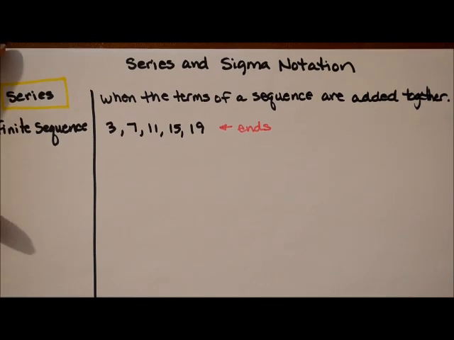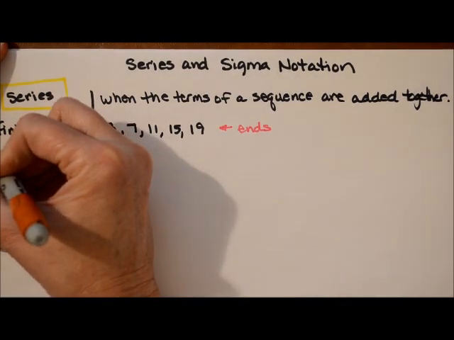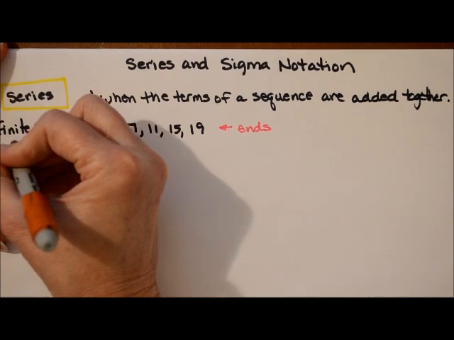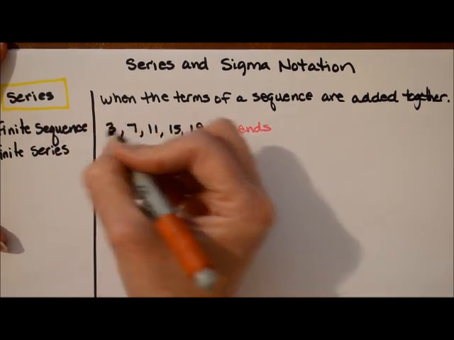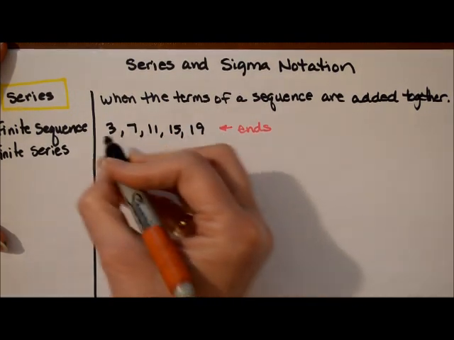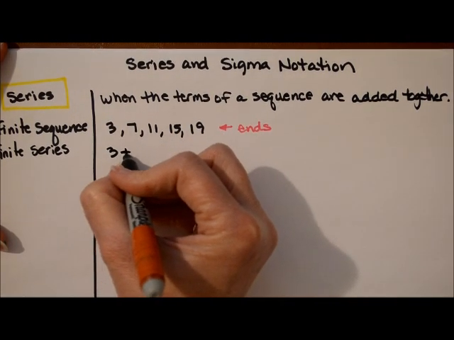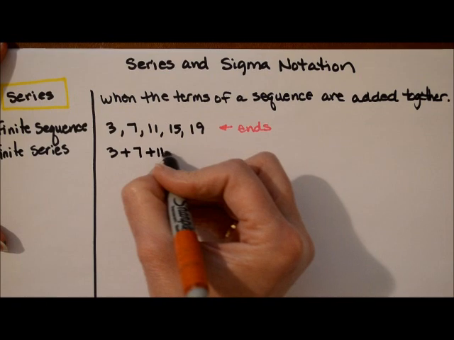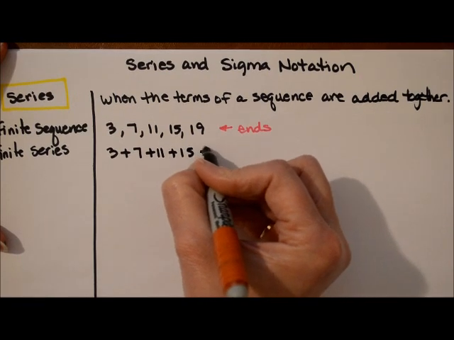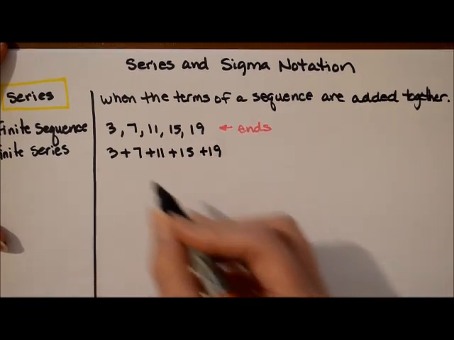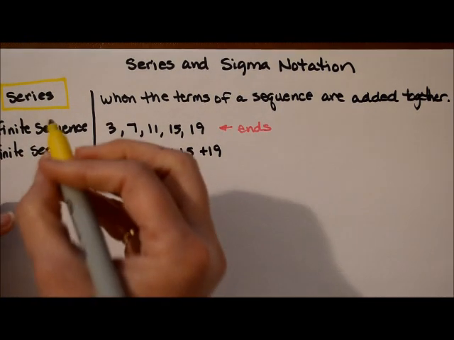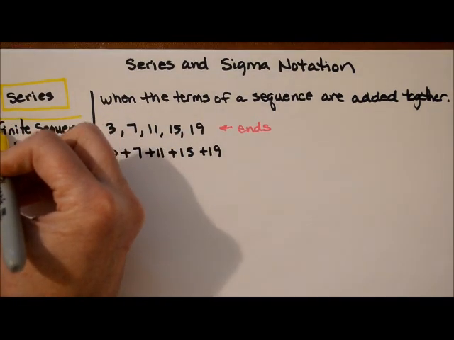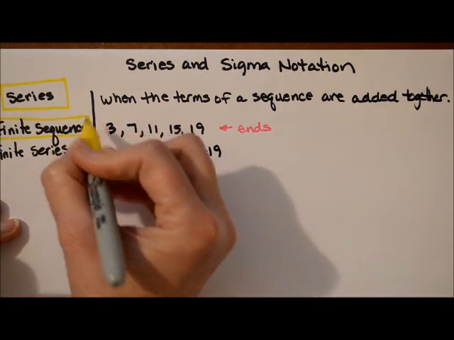A finite series is where these are added together. So 3 plus 7 plus 11 plus 15 plus 19. So that's a finite series. We're adding them together. I'm going to give you a bunch of definitions right now.